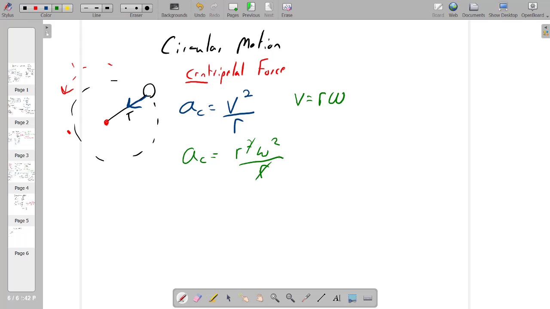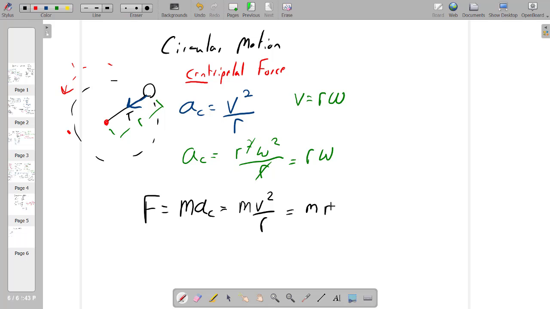Well, one of these r's cancels out. So I could also write my centripetal acceleration as r omega squared. And r here is the distance from the center. If I want to make it a force, well, remember F equals ma. So all I have to do is multiply it by mass. So I could say m v squared over r, or it could be written like this, m r omega squared.